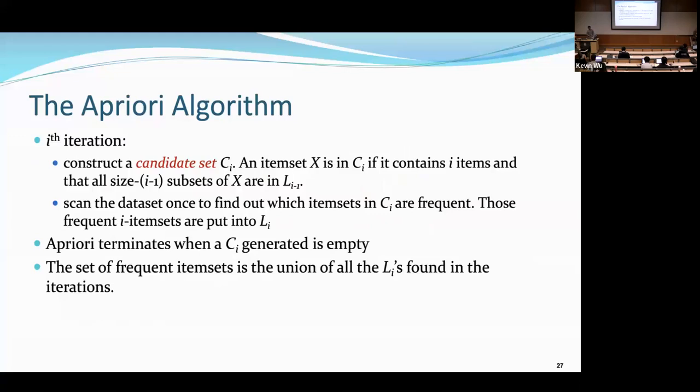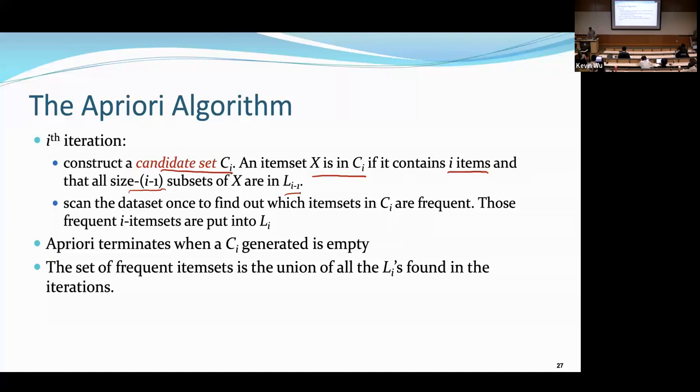In general, during the ith iteration, the Apriori algorithm constructs a candidate set Ci, and an item set X is put into Ci if it contains i items and all of its size i minus 1 subsets are frequent. That is, all i minus 1 subsets of X are frequent in Li minus 1.